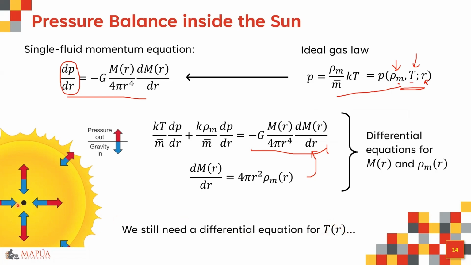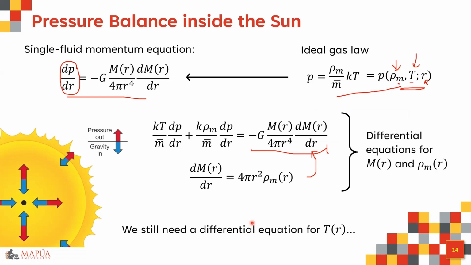Because remember earlier, when we looked at the schematic, the temperature at different points inside the sun's interior have different values. So the question you might ask is, how did we end up with those values? We end up with those values by using these equations.